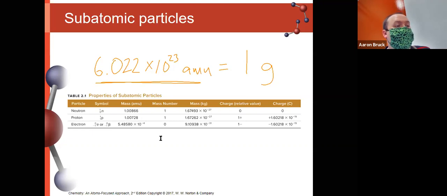But the idea here is, again, pretty essentially the same. A Dalton is 1 Avogadro's number of a gram.